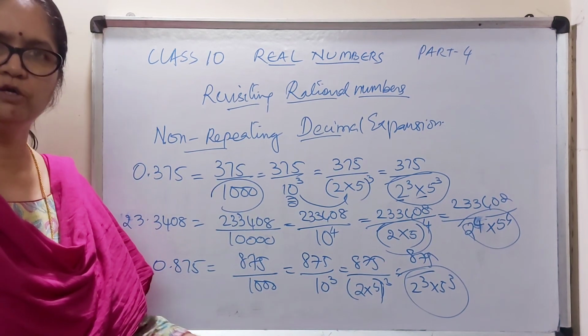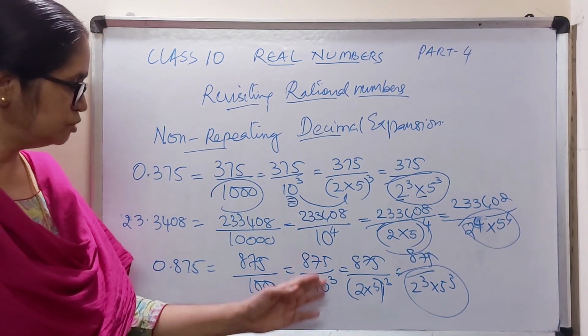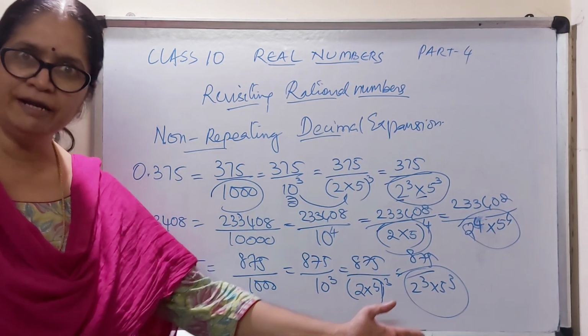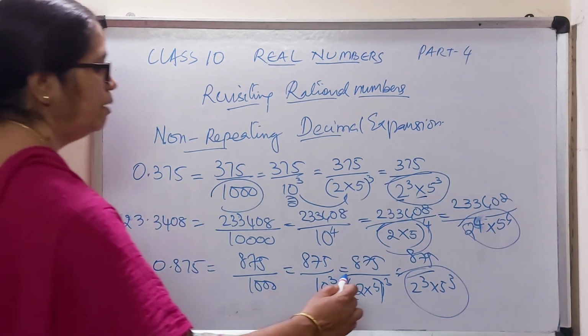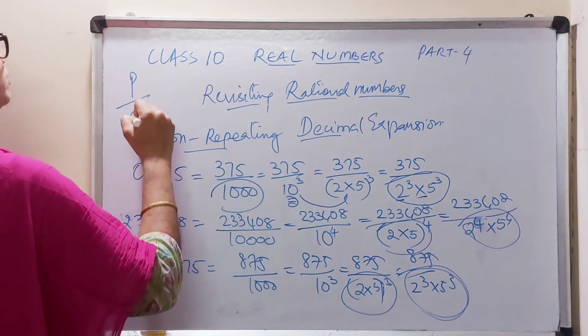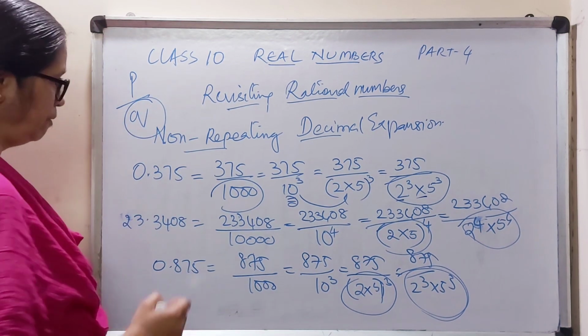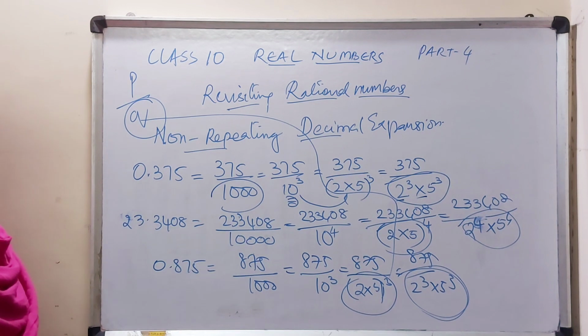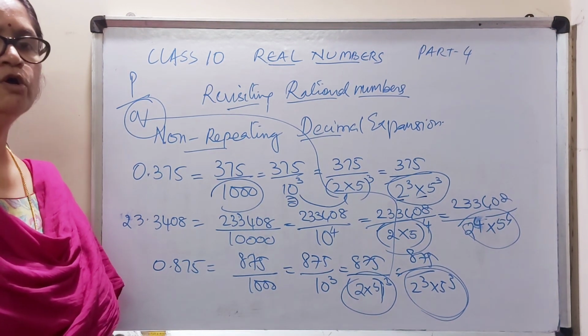The factors of 10 are 2 and 5. Am I right? Yes. So the powers of 10 can also be expressed as the powers of 2 and 5. In p by q, q is the denominator. So these denominators are always expressed as the powers of 2 and 5.